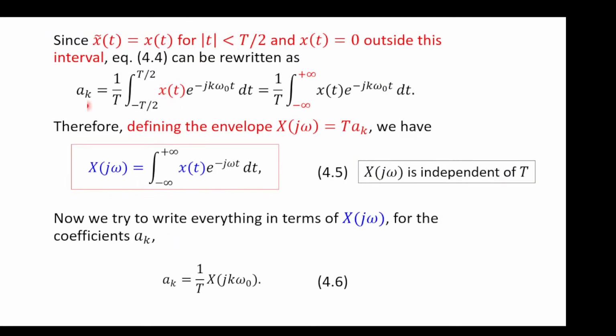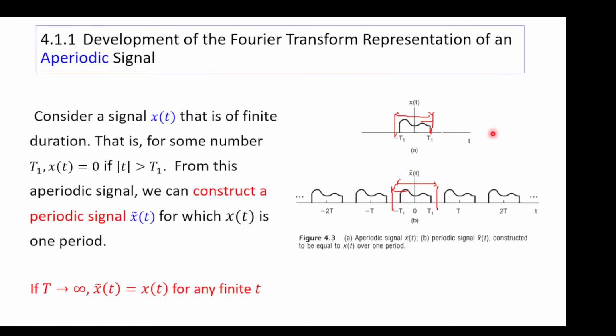Then something funny we do is, because now we're integrating x of t, integrating over one period is the same as integrating over the whole line, because x of t is zero outside of this period, by construction and by definition.